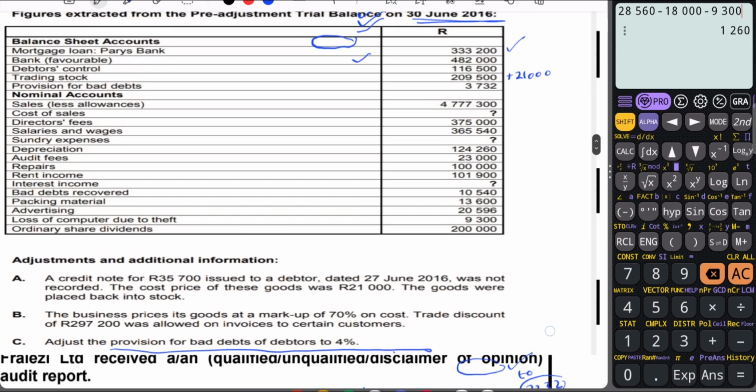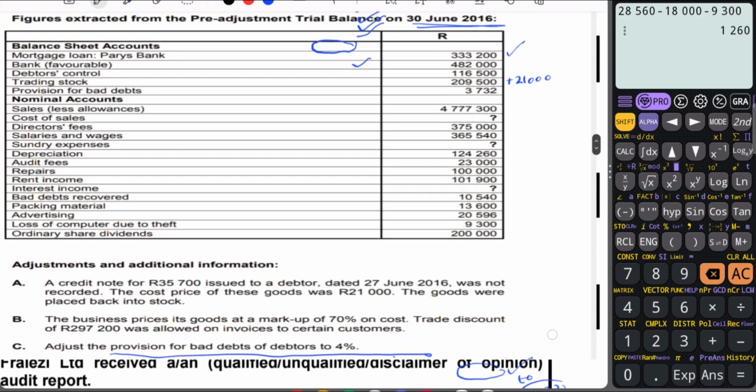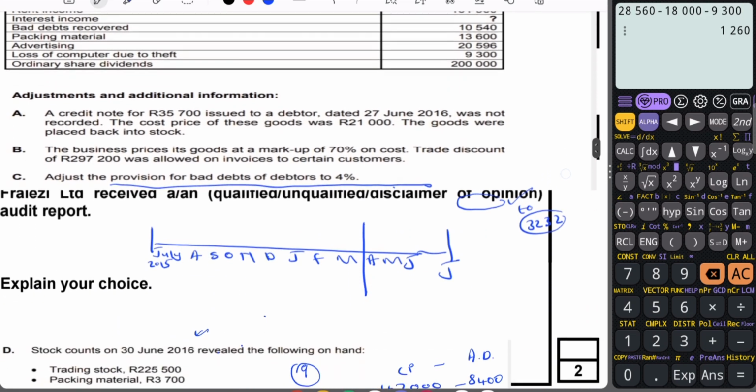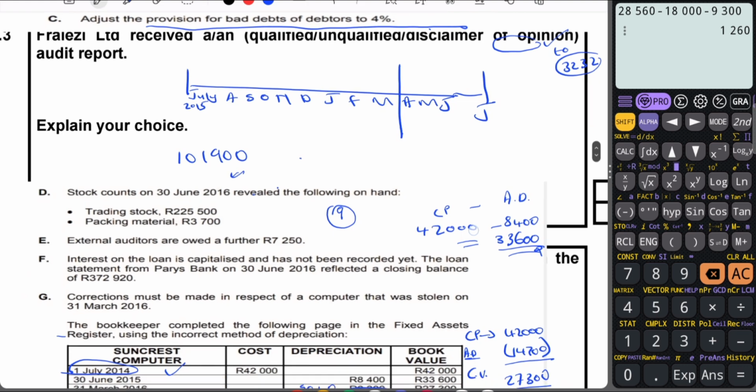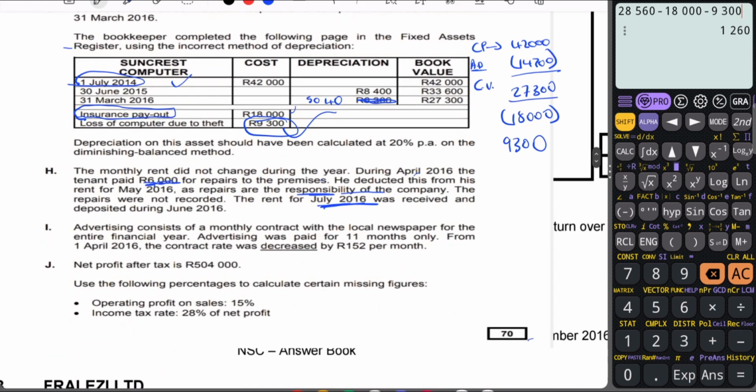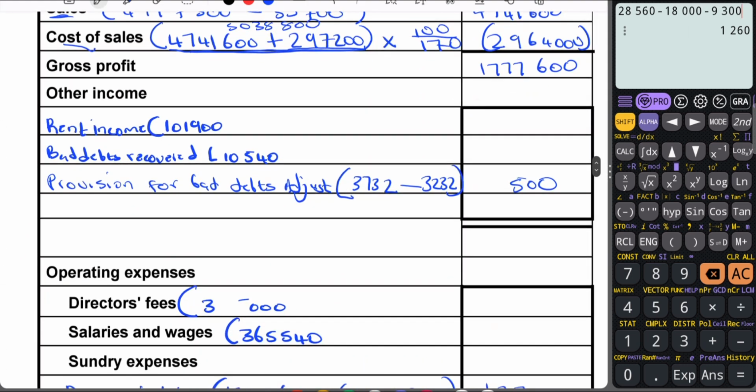When we check our trial balance, we are given rent income of 101,900. This 101,900 is the rent income that we are given on the trial balance. Now let's go to our rent income.